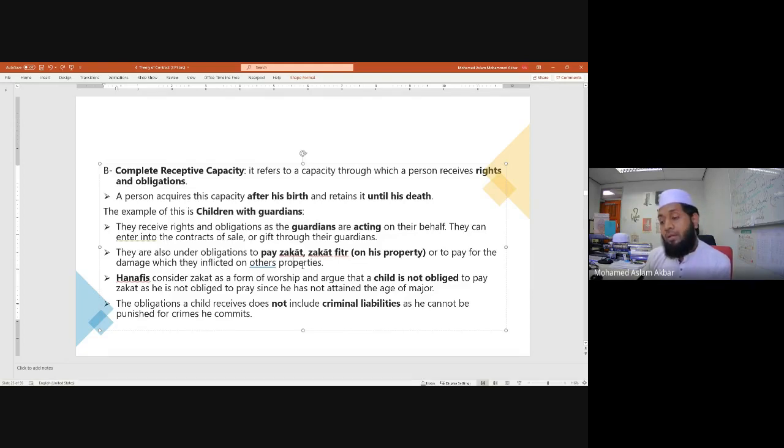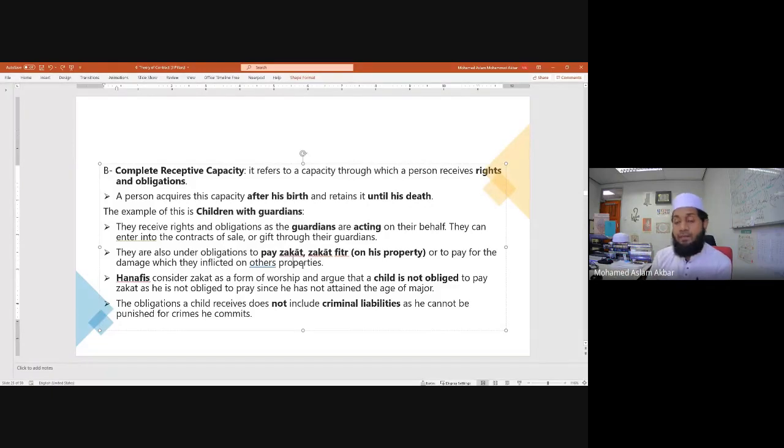Eventually the baby will come out, and then the baby will become the property owner, the business owner, the commercial industry owner. Khalid used to pay zakat for his business, but now Khalid is no more. So now the baby is the owner of the entire business, but the baby cannot handle the business.